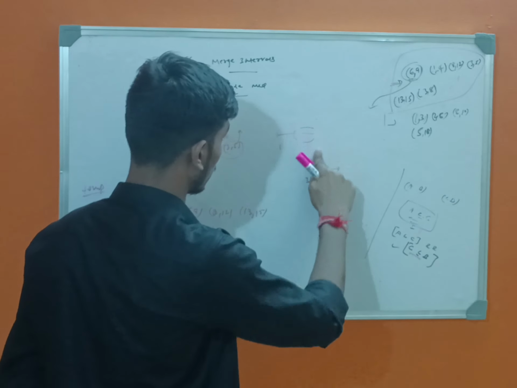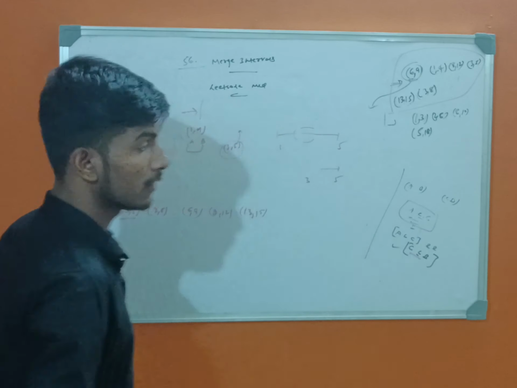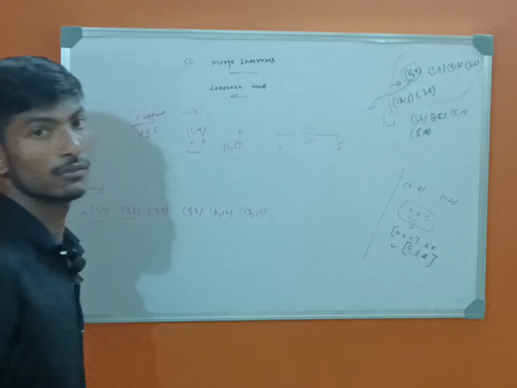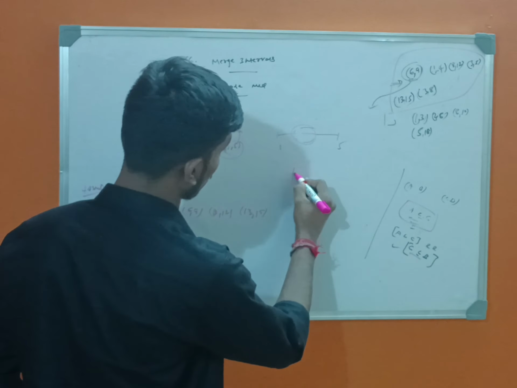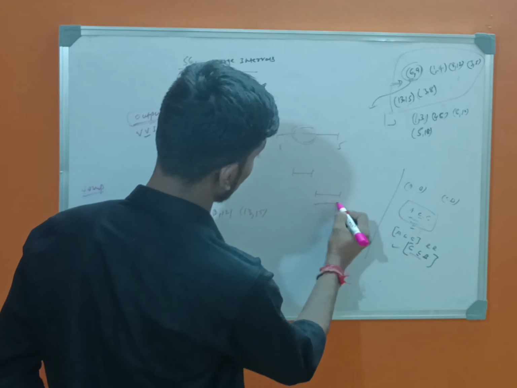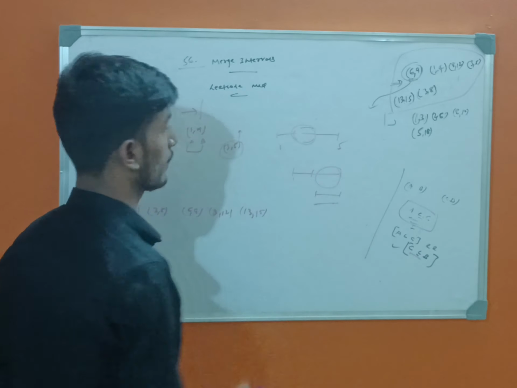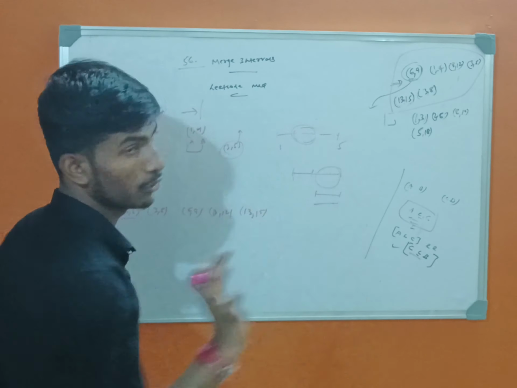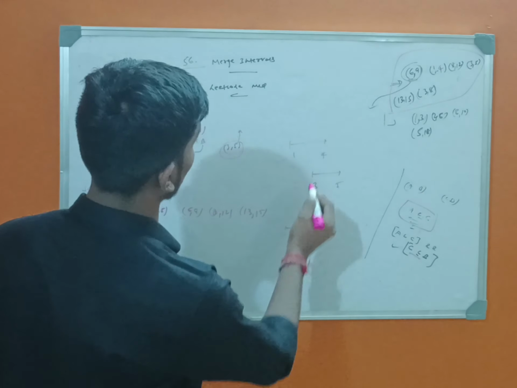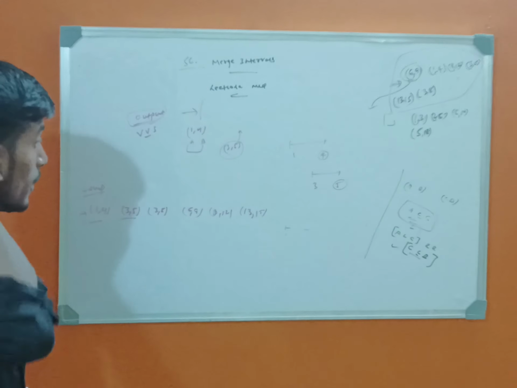I will remove this part and extend it till 5. Right? I don't need this one, if I am not wrong. Because this was the portion which is common for both, and this was the portion which is greater in this second one. So this portion is greater. I just want to extend my first one a little bit more. Correct? We have to take the maximum of either this one or this one. Correct?